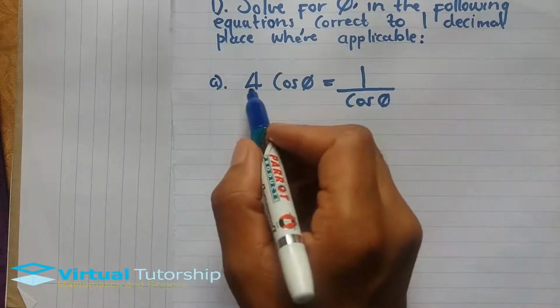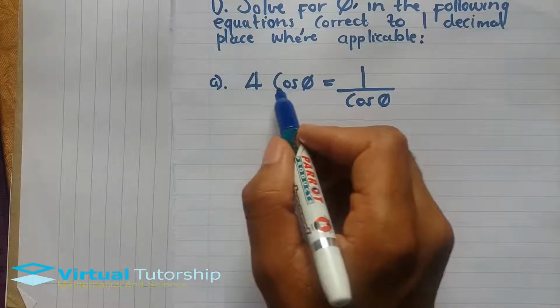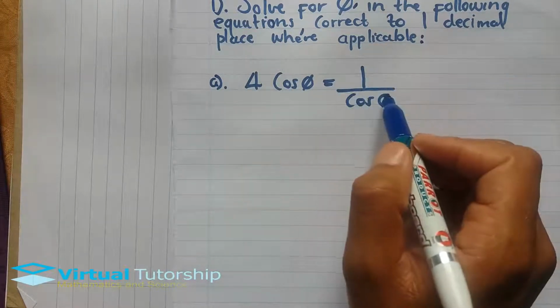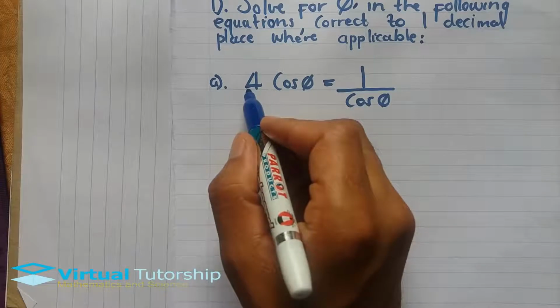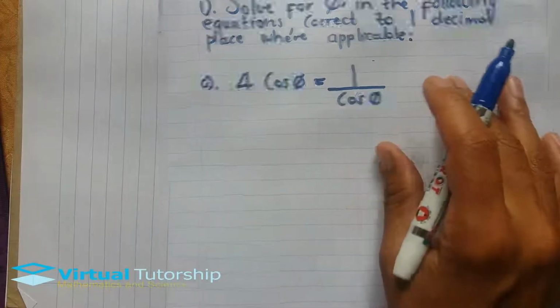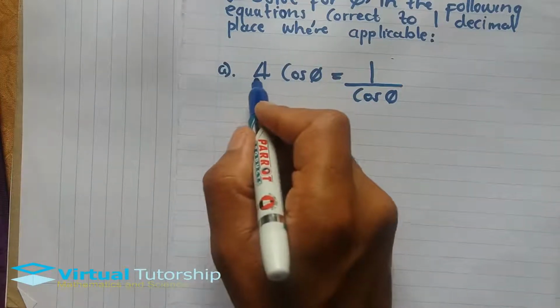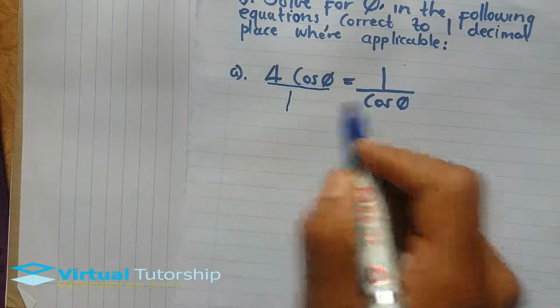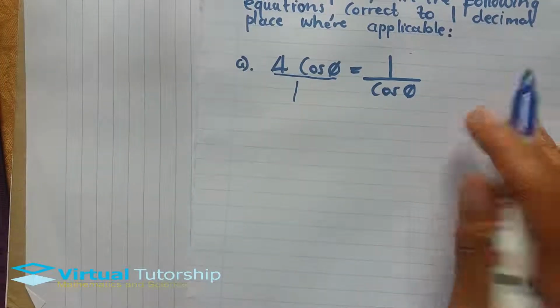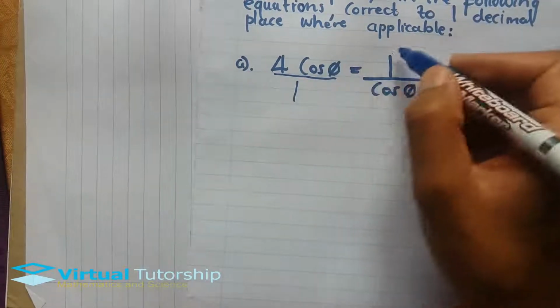So we have 4 cos theta equal to 1 over cos theta. There is a fraction on the right hand side, so let's convert it by cross multiplying.